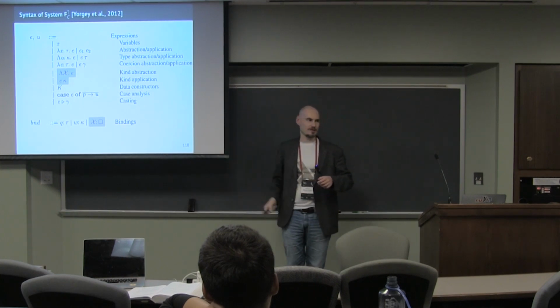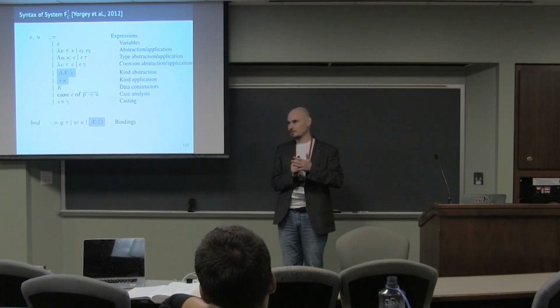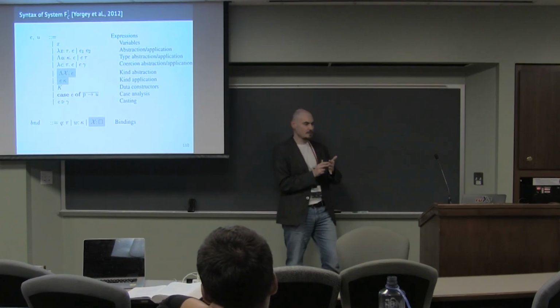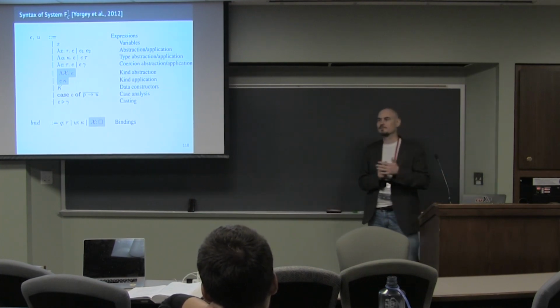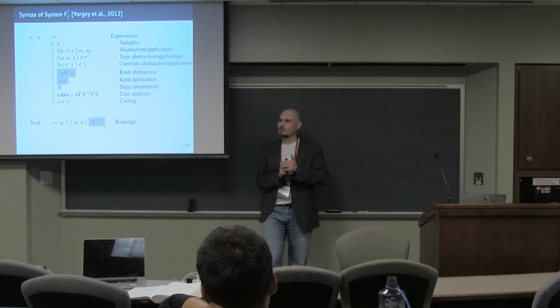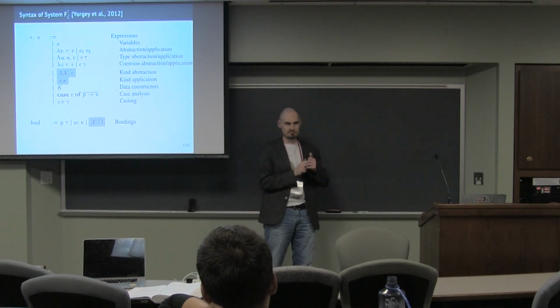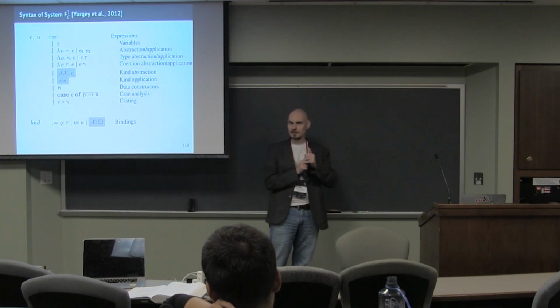So box is like, we had kind star before for every type, and now we have this sort box for classifying kinds. And I remember those times about 5 years ago when Haskellers talked to each other and asked, what do you know about boxes? And it was really a hot topic at that time because nobody understood it.